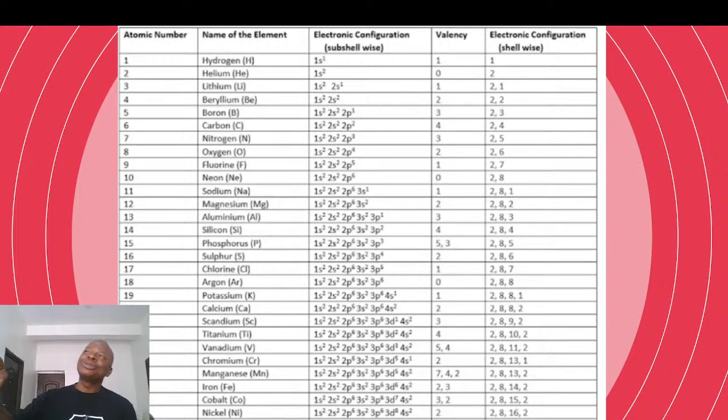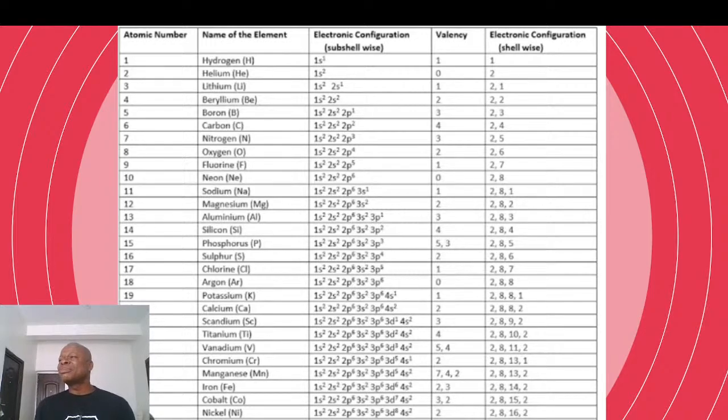Then if you were to arrange this aluminium in the K, L, M shells, there are 3 shells: K shell, L shell, and M shell. 2 electrons will be found at the K shell, 8 electrons will be found at the L shell, and the 3 will be found at the M shell, which now becomes the valence electron, the one at the last shell.